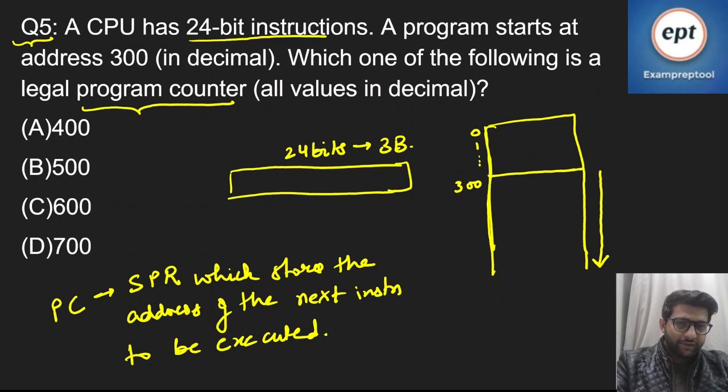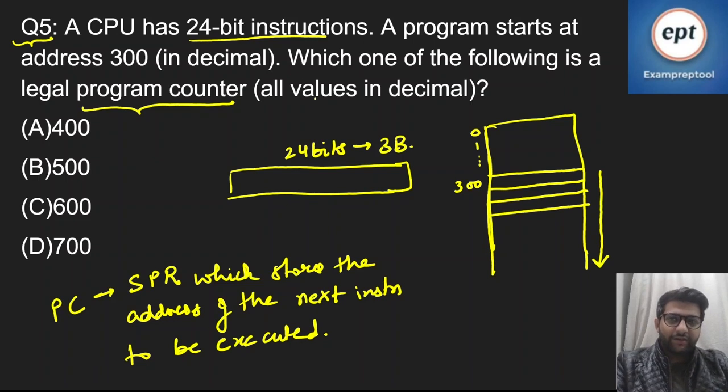So let's say if this particular instruction starts at 300, right? So this instruction is of how many bytes? 3 bytes, right? And nothing is mentioned about the type of the memory. So we will assume that this is a byte addressable memory, right?